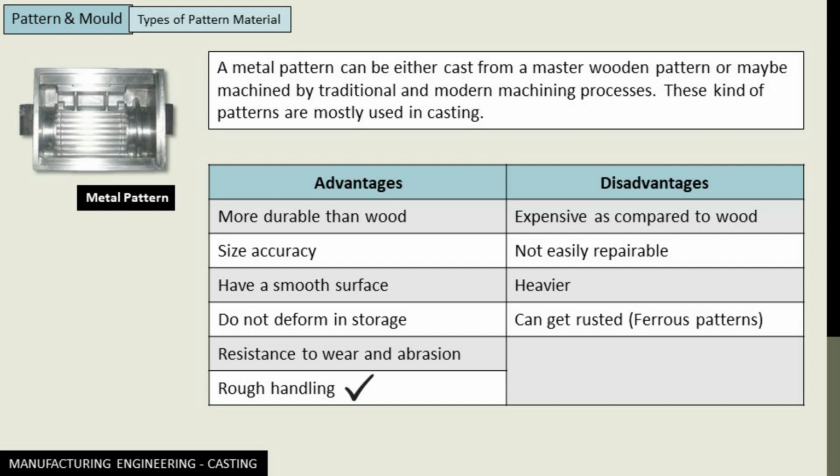However, they are expensive and not easily repairable as compared to the wooden pattern, and they are heavier also. And then there is the most important disadvantage of metal patterns: rusting. Ferrous patterns are prone to rusting.